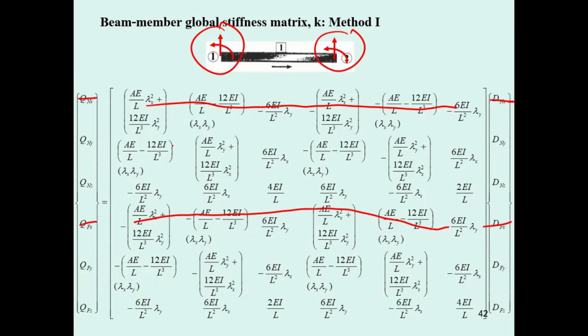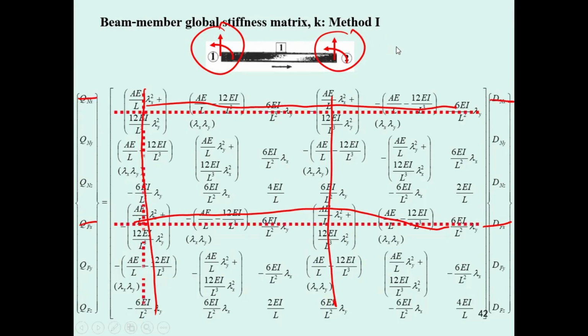Okay, when you eliminate the row, you have to eliminate the column. For the beam, lambda sub x equals 1, lambda sub y equals 0. So this term is gone. This term changes to 1, changes to 1. This term changes to 1.